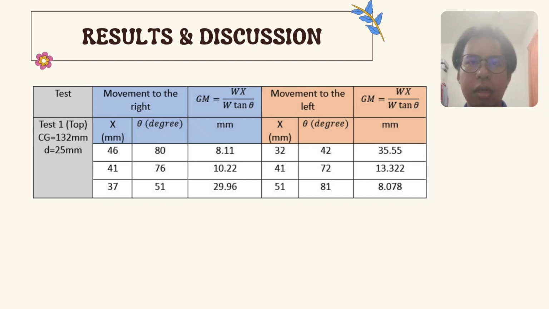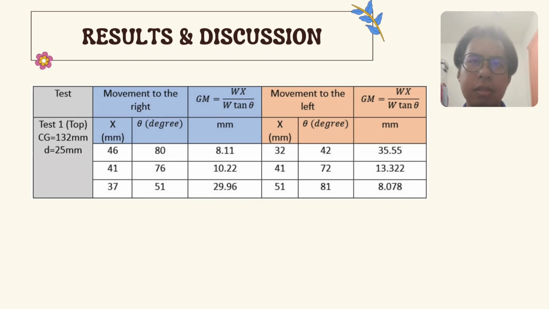Today I want to explain the results and discussion of the open-ended lab. This shows test 1. Test 1 showed the least stable behavior due to the high center of gravity. When tilted right, the GM values range from 8.11 mm to 29.96 mm, with stability improving at smaller angles.